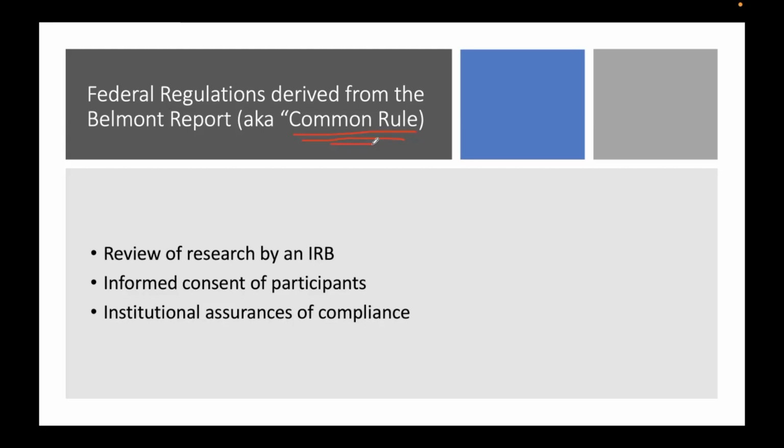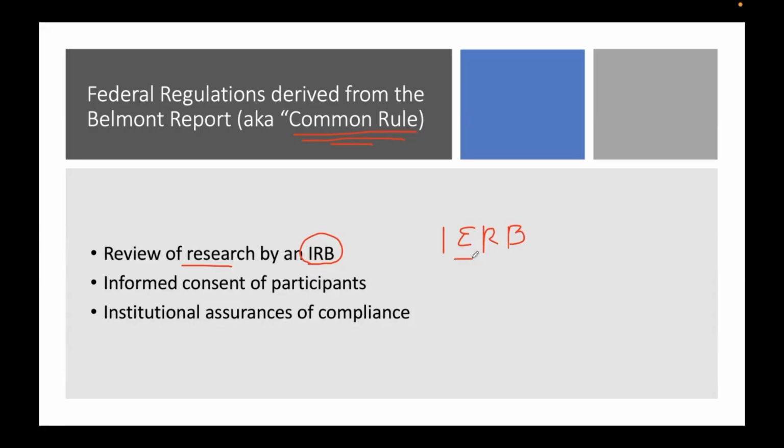So under the common rule, or the federal regulations which emanated from the Belmont Report, research now has to be reviewed by an institutional review board. That's an IRB, or some hospitals call it IERB, so Institutional Ethics and Review Board.